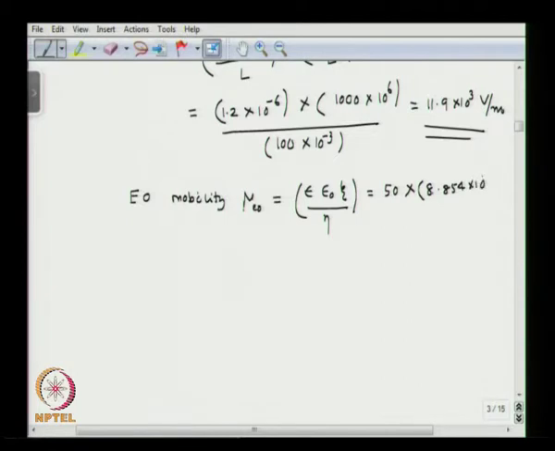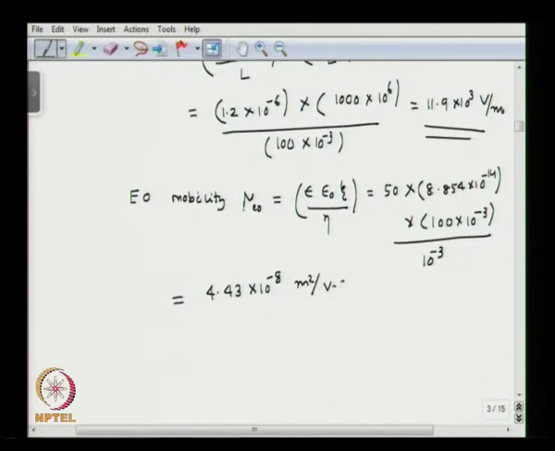Xi is given, which is 100 into 10 to the power minus 3, 100 millivolt, and the viscosity is 10 to the minus 3. So that is going to be 4.43 into 10 to the power minus 8 meter square per volt second. So, we can find the electroosmotic flow velocity in the longest channel.